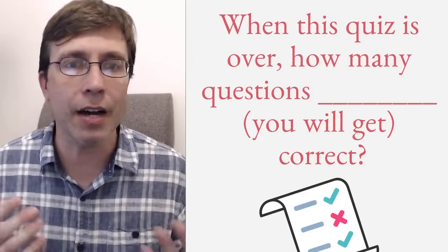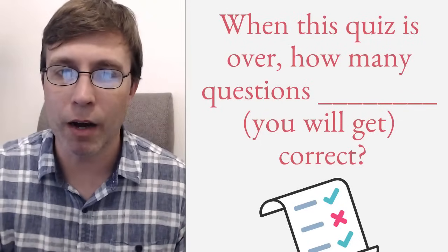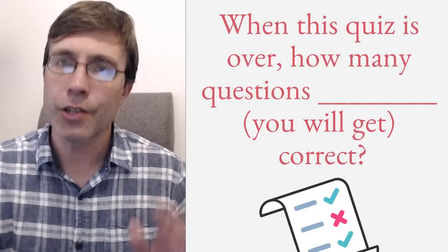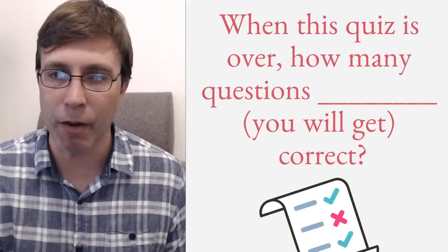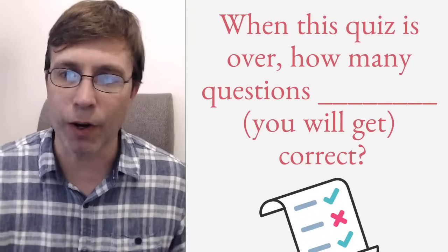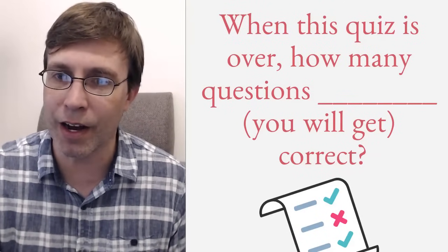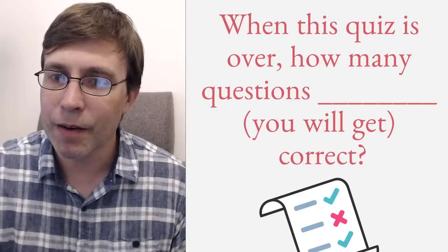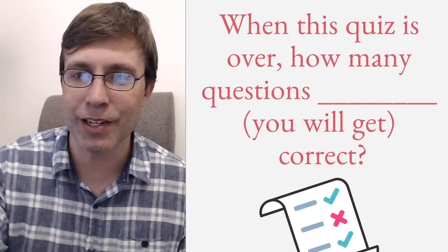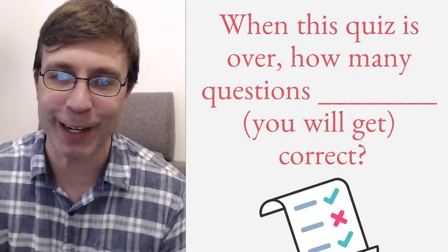This is a lot of information to go through. If you haven't seen it already, check out the lesson from last week. I think it will really help. So when this quiz is over, how many questions? Yes, excellent. How many questions? Again, I'm looking for specifics. I haven't seen any.